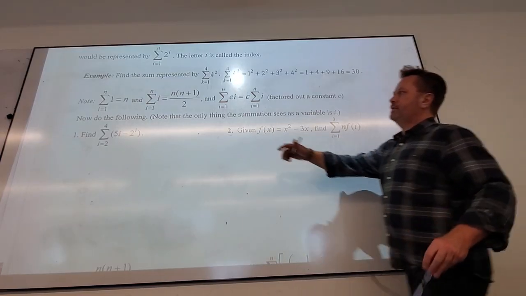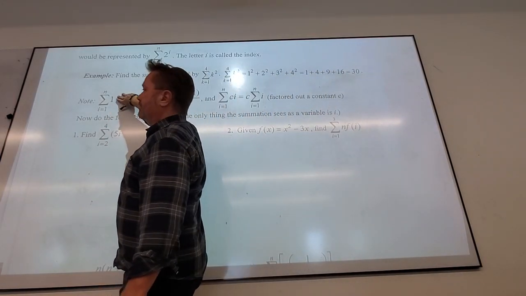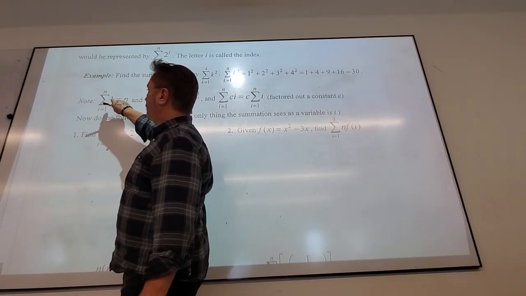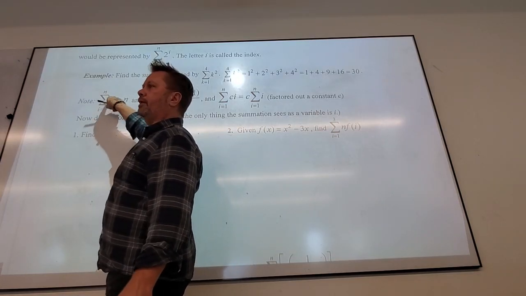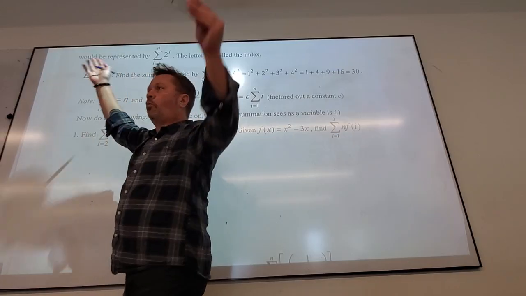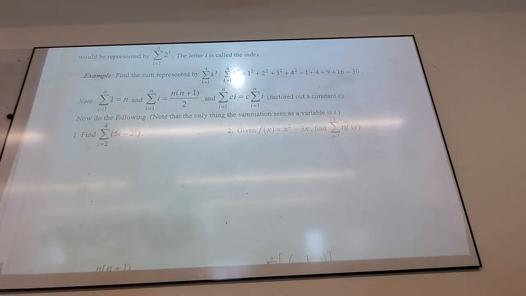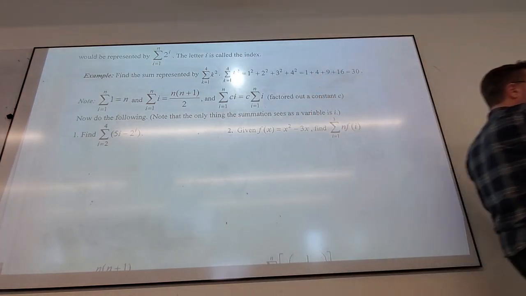So if I ever see that, I know the answer is just n. What if it was the sum of 2 from 1 to n? 2n. If I add 8 2's up, I get twice 8. I get 16, correct? Which is twice 8.